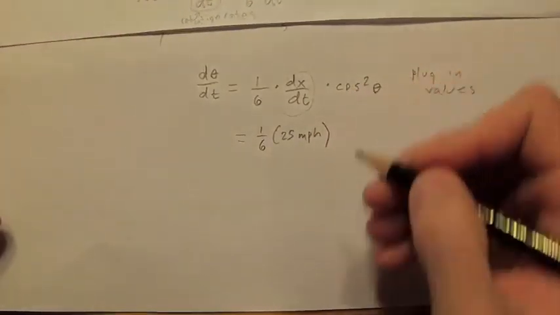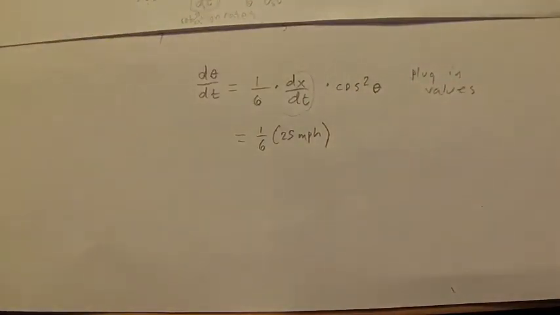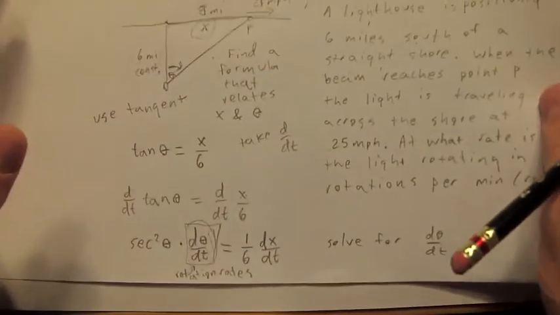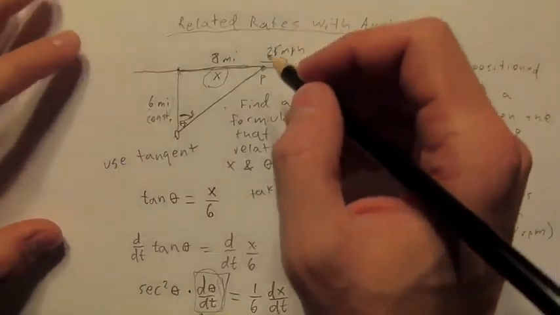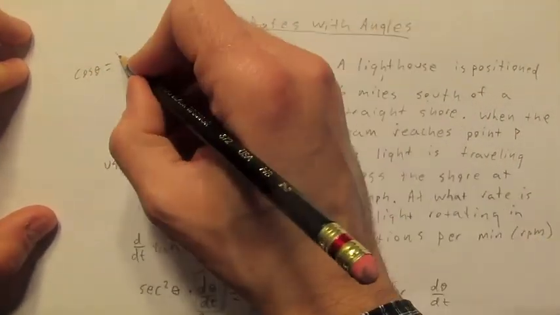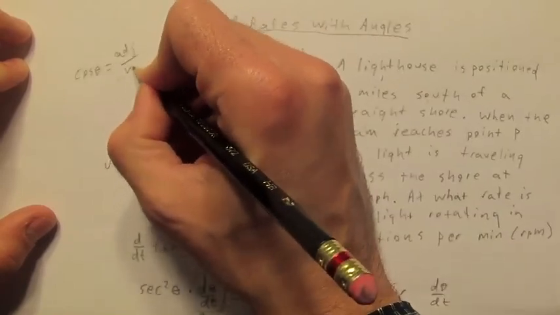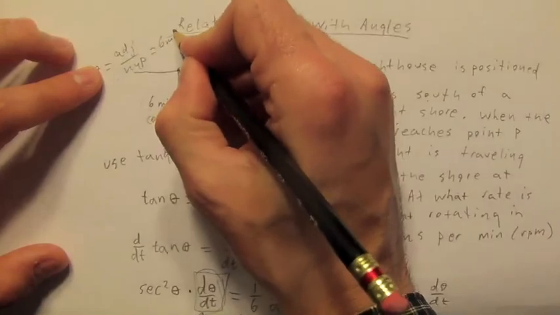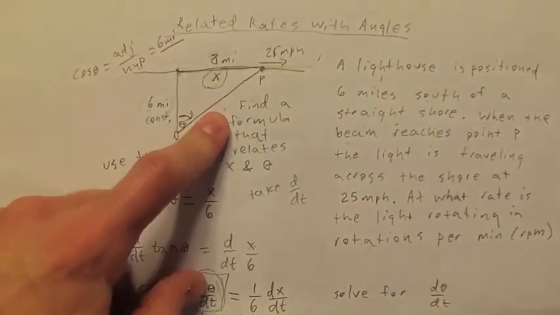And what about cosine squared θ? Some people might think, oh crap, I've got to solve for theta, but actually cosine of theta, if you remember, is just the adjacent over hypotenuse. So it's just going to be 6 miles over the hypotenuse.